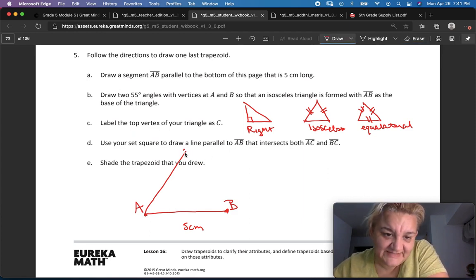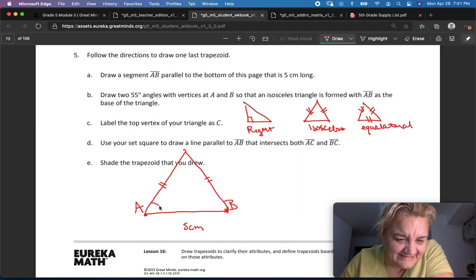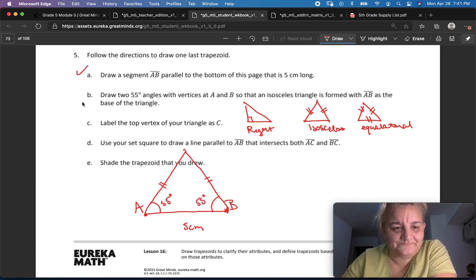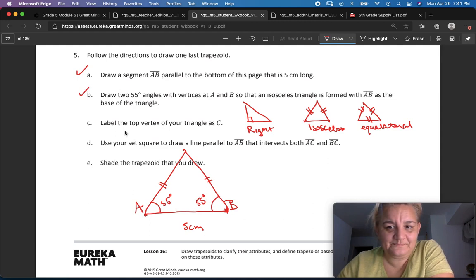And isosceles means they have to be exactly the same length. This one has to equal this one. And this is going to be 55 degrees, and this is 55 degrees. So we've done A, we've done B.